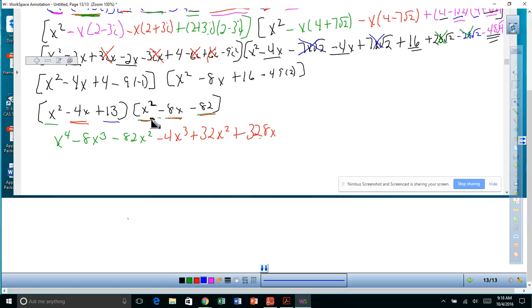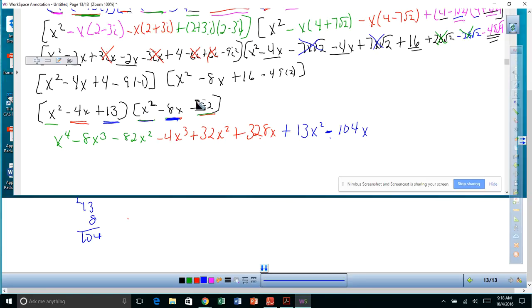You've got 13 times x squared, so it's going to be plus 13x squared. 13 times negative 8x. 13 and 8, that's 104. So it's going to be plus 104x, and that's a plus and a minus, so that's going to be a minus.